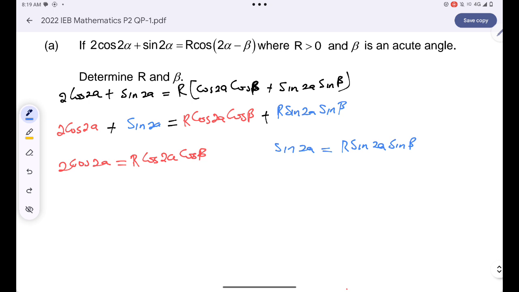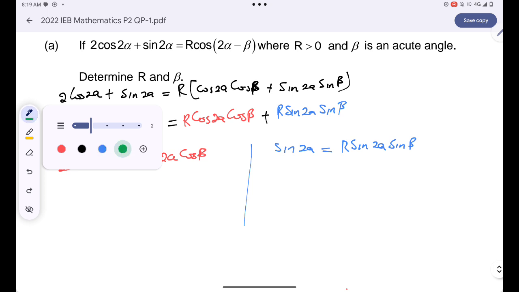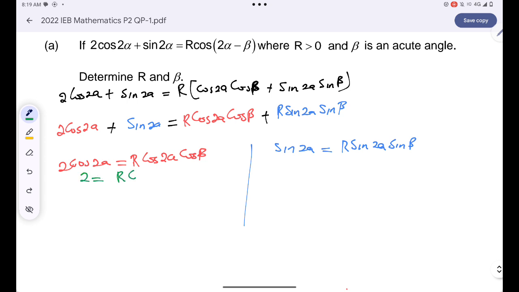So whenever I do so, on this equation over here, I can divide both sides by cos 2a. I will be left with 2 being equal to r cos beta, and then this simply means that cos beta is equal to 2 over r all together.